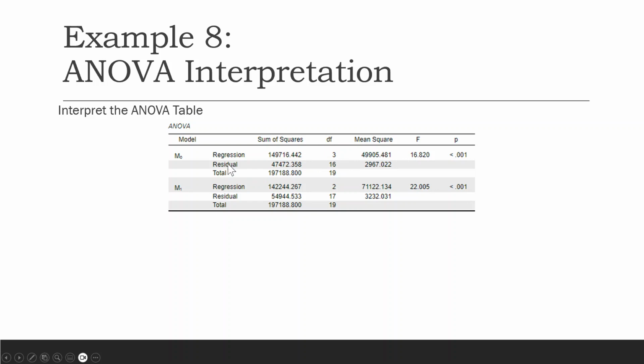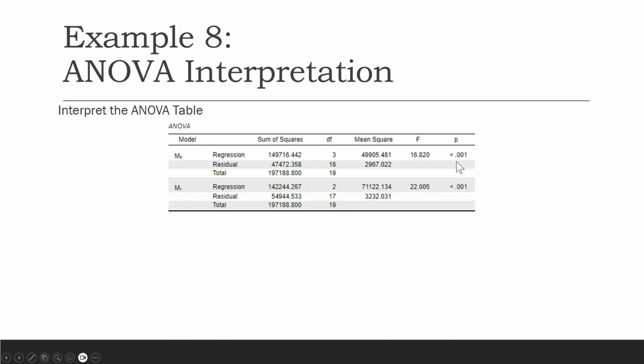And then we get the variance that is not explained by the regression, which is in this residual row. And so we get a measure of the variance there. If we take the ratio of these mean square values, we get our F statistic. And that F statistic has 2 degrees of freedom, the degrees of freedom regression and the degrees of freedom residual. And then we get our p-value from that F distribution.